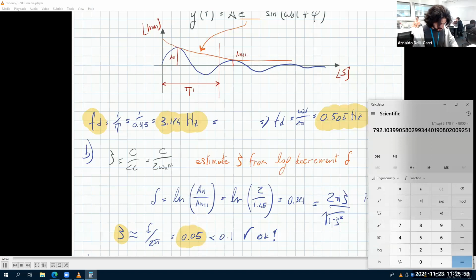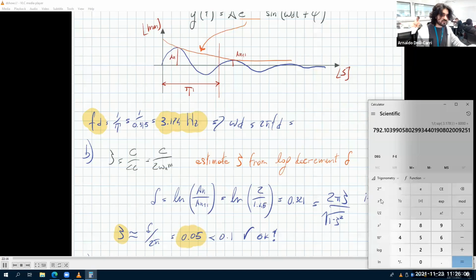And so that means that omega d is 2 pi FD, which is not this, of course. It's 2 times pi times 3.174, 9.97 radians per second.